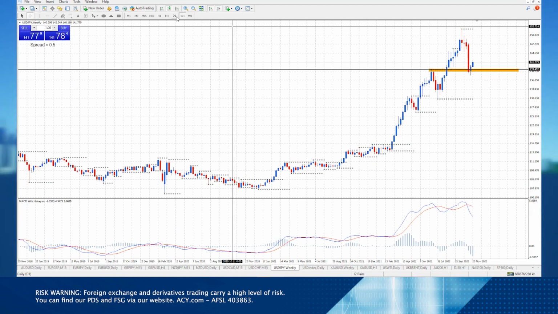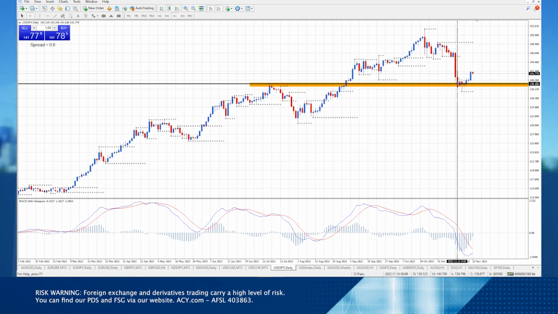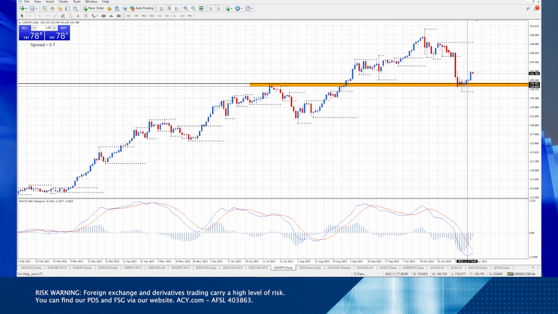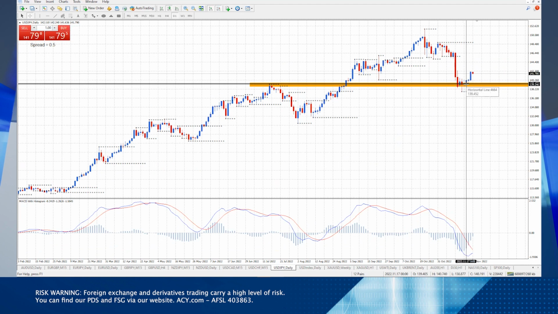So if I move this to a daily chart, you get a better picture. Price is really respecting this key level, and there is no change to the overall direction. So therefore, it provided us numerous opportunities to move up from that key level that was broadcast out. So far, we're up over 300 pips in a few days.